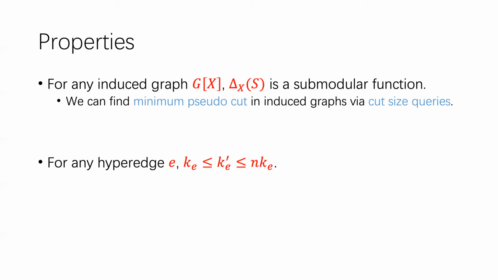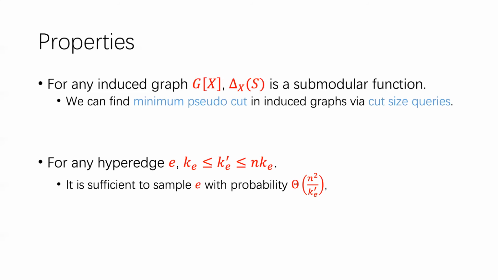And secondly, we can show that for any hyperedge, the pseudo strength is at least as large as the real strength, and also it is not larger than n times the real strength, which means for any hyperedge E, Ke is smaller or equal to K prime E, which is smaller or equal to n times Ke.